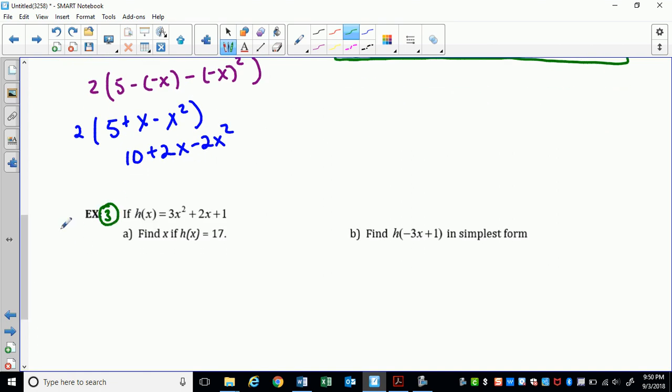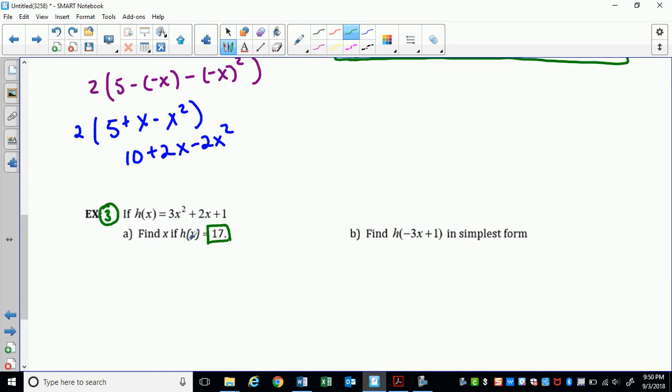This is the third example. It says, if h of x equals 3x squared plus 2x plus 1, then find x if h of x equals 17. So what's really pretty cool is you're just going to use your substitution property.